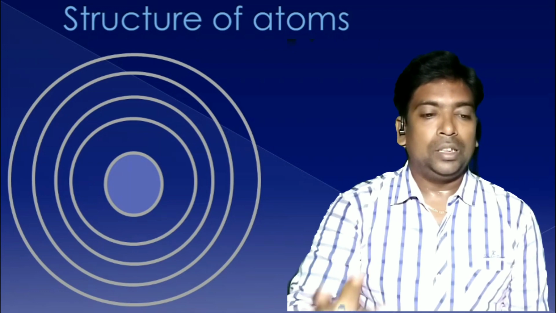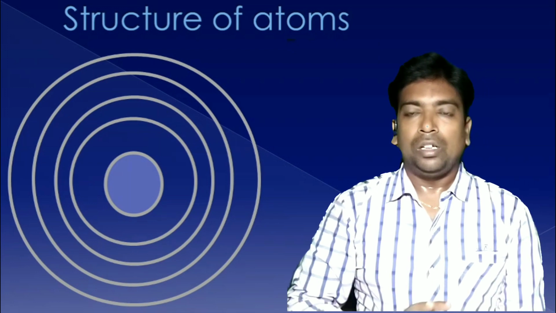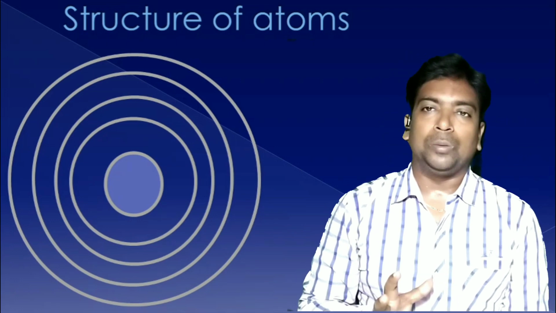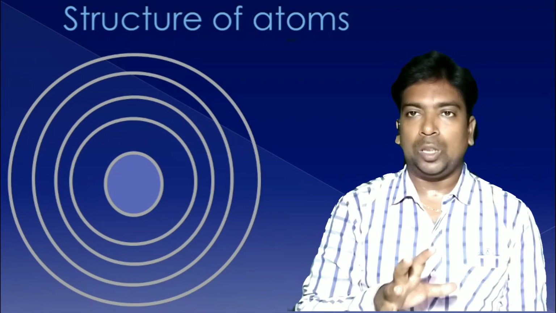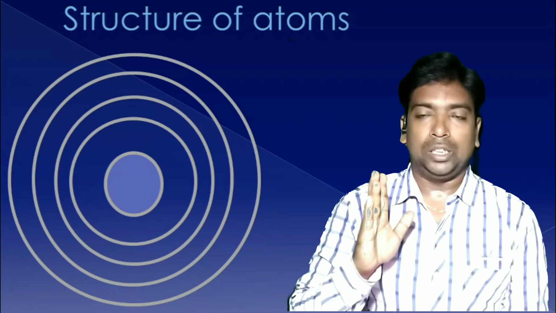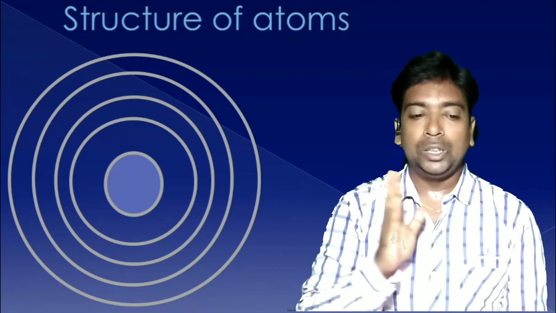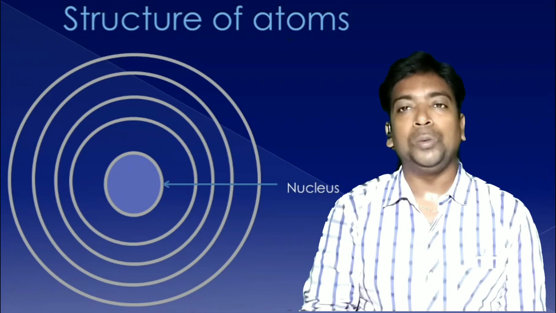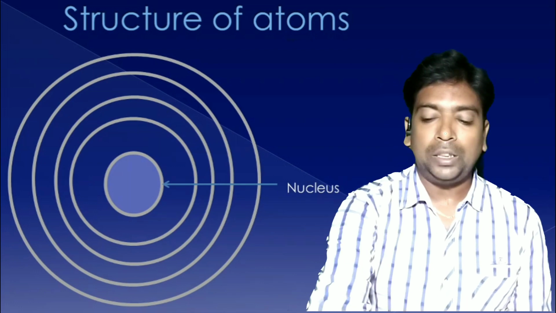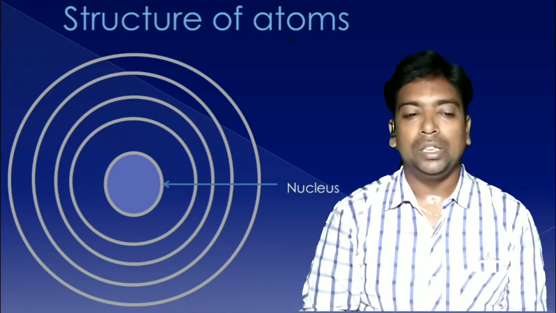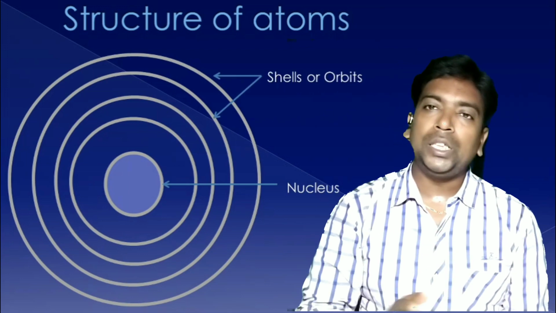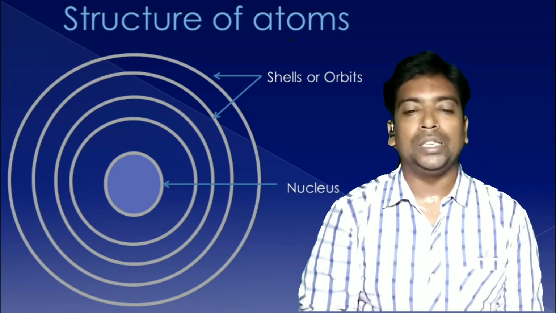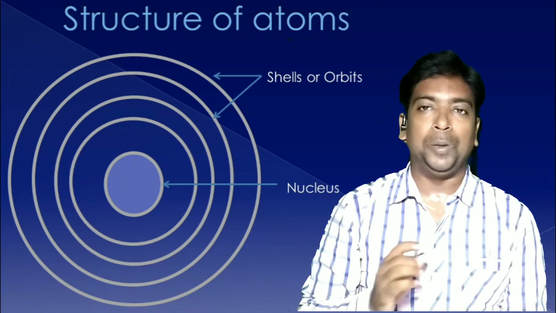Now, we already know about the structure of the atom. You can see the structure of the atom on the screen. You can see there is a central part known as the nucleus, and there are some imaginary paths in which the electrons are revolving, and these are known as the shells or orbits.